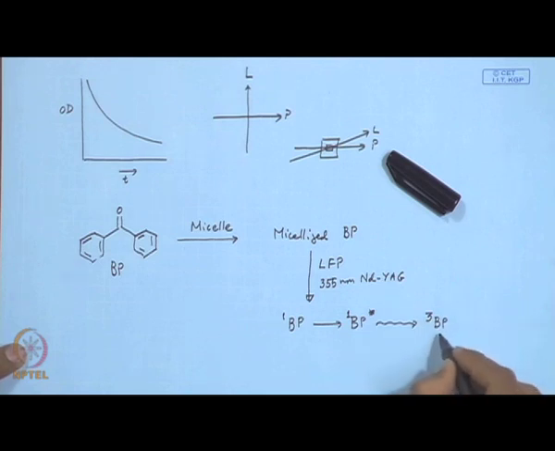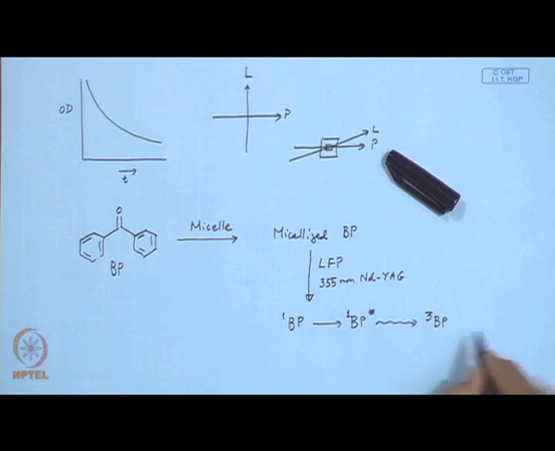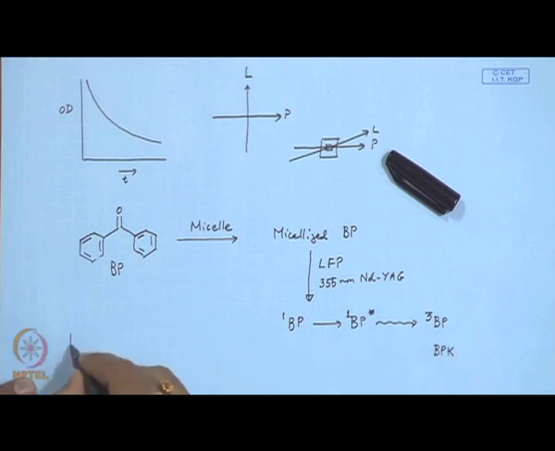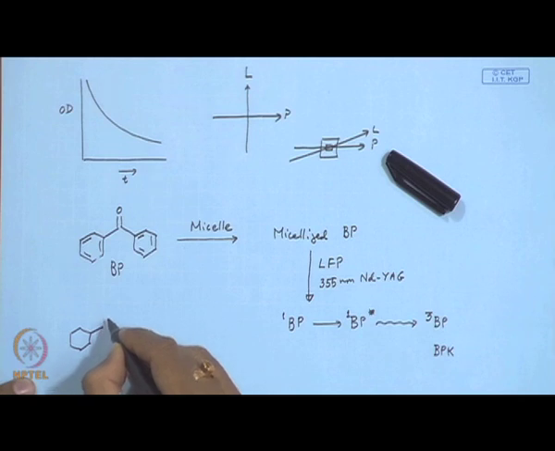Then this triplet benzophenone will abstract one hydrogen from the micelle, producing benzophenone ketyl. What is that? Benzophenone ketyl is this. Benzophenone ketyl.